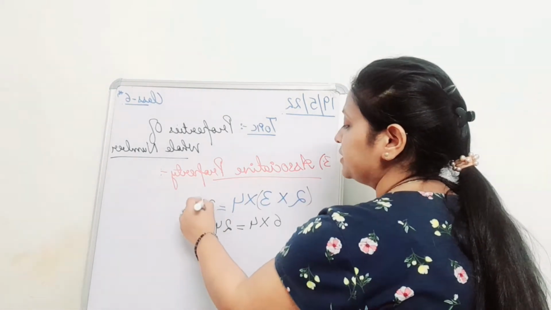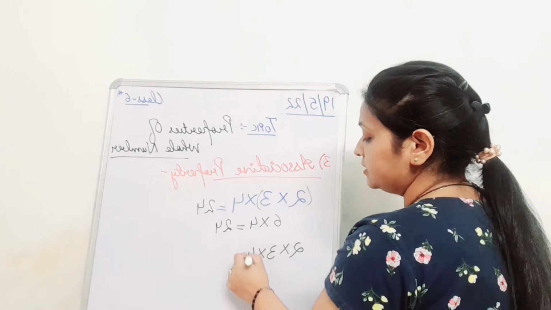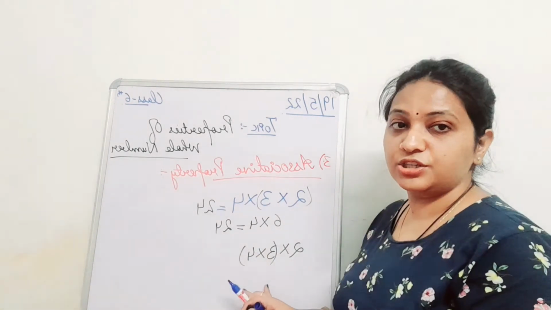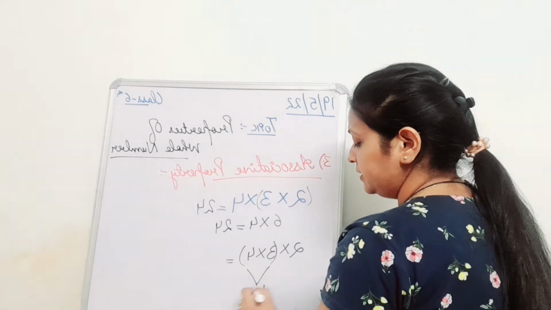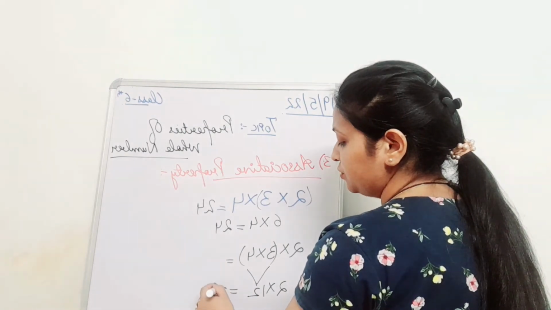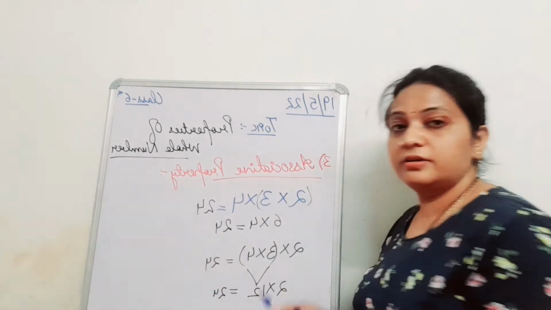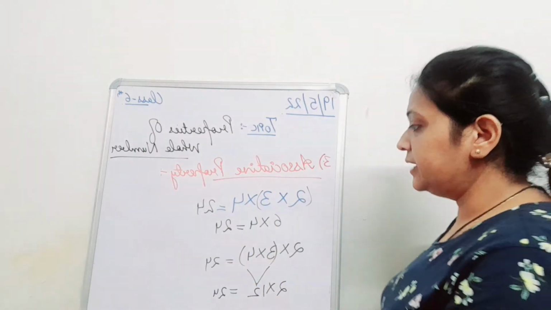I am writing 24 here. Now for 2 cross 3 cross 4, I want to change the grouping this time. 3 cross 4 is 12, and 2 cross 12 will be 24. So in both cases you will find the answer is the same.